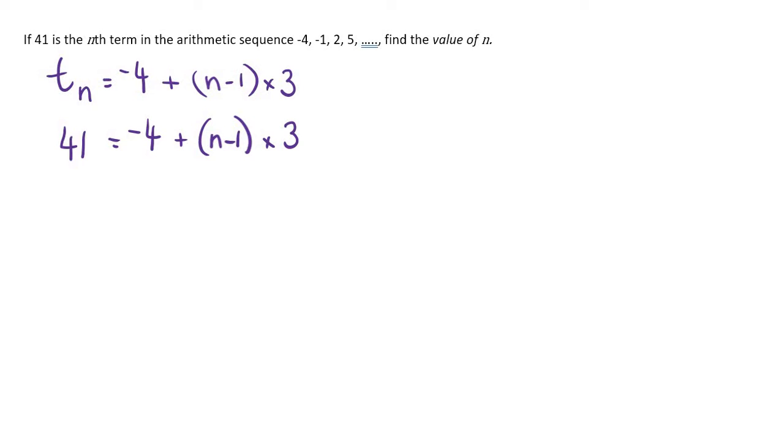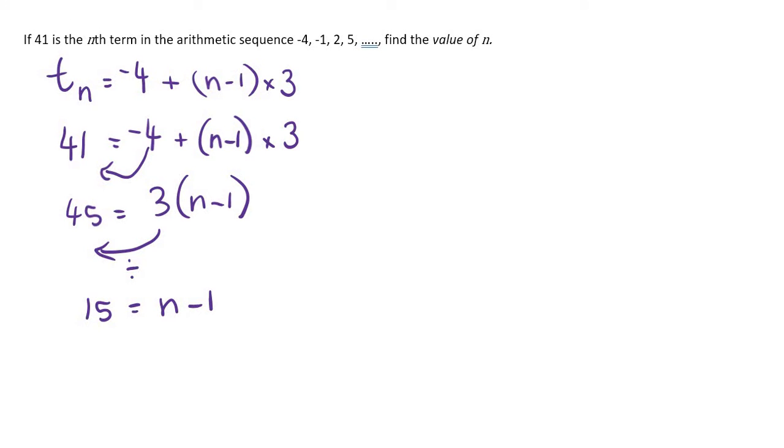So take -4 over to the other side. So we've got 41 plus 4, which gives us 45 equals 3 times n minus 1. Divide by 3, so 45 divided by 3 gives us 15 equals n minus 1.